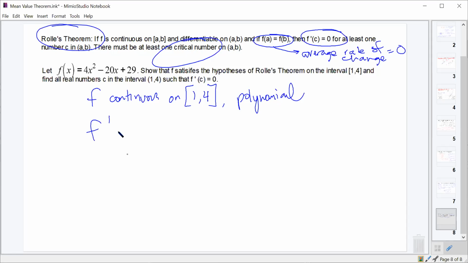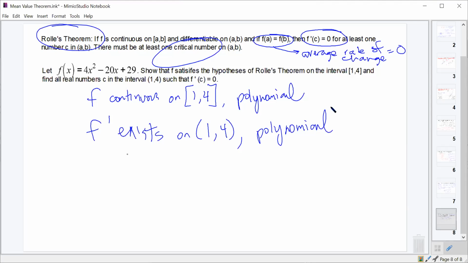What about f prime? Does f prime exist on the open interval from 1 to 4? Yes. And why? There's a derivative. Say that again? Sorry, I didn't hear you. There's a derivative that's also a polynomial. Yeah, the derivative is also a polynomial. Exactly.